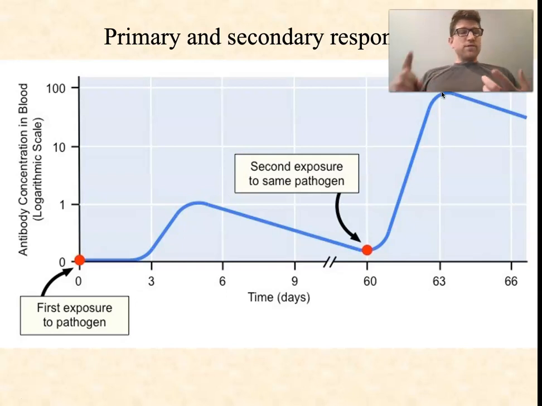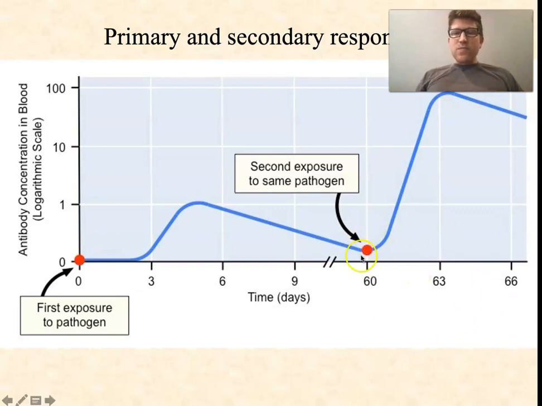So the overall response is more intense and faster. In fact, it's so intense and so fast that chances are the pathogen doesn't even give you personally a conscious hint that you've been infected. You never feel any of the signs or symptoms of disease because your memory response pounces on it so fast. And that's really what we're after.